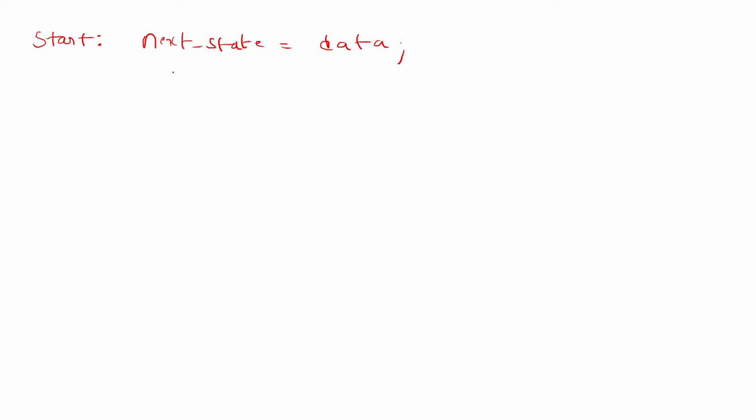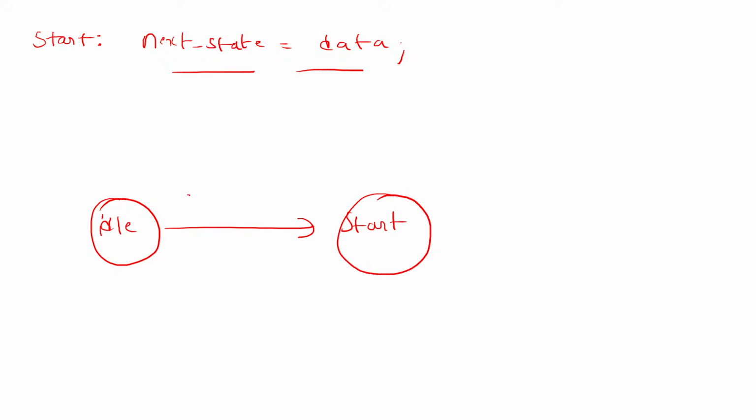So from the idle state, I'm entering into the start state, whenever my received bit, that is TX, is equal to 0. Now in the start state, I can simply write next state is equal to data.